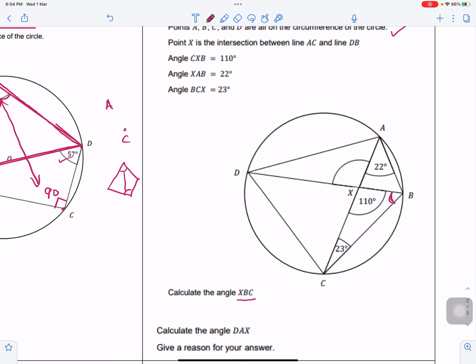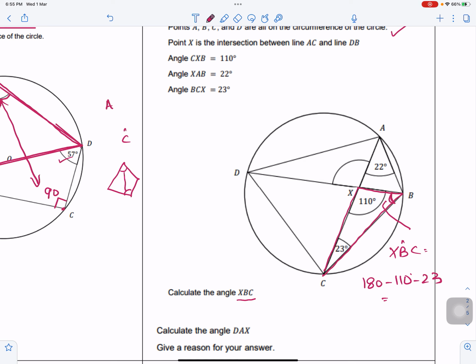If you see here, X, B and C, this is a triangle and the sum of the angles of a triangle is 180. So to find this angle, which is XBC, I will simply do 180 minus 110 minus 23.